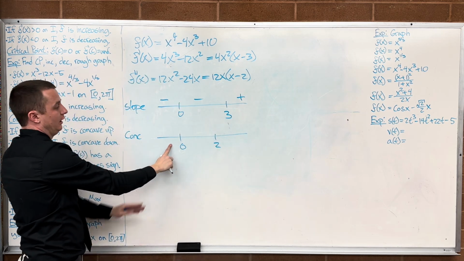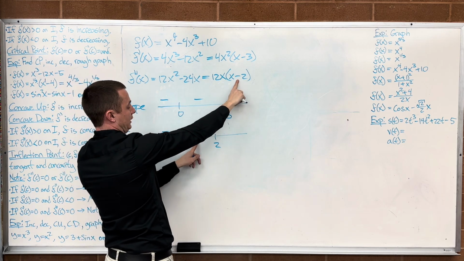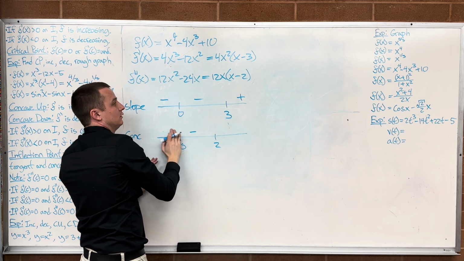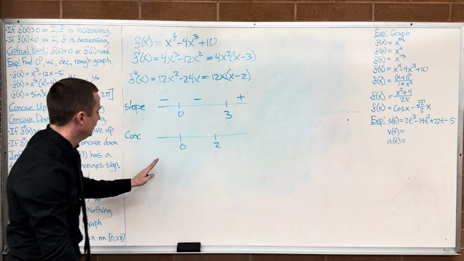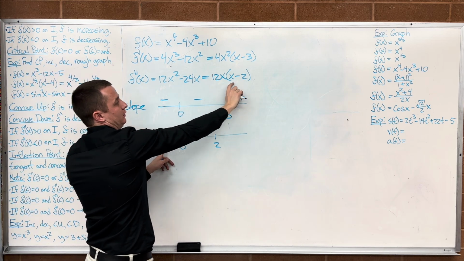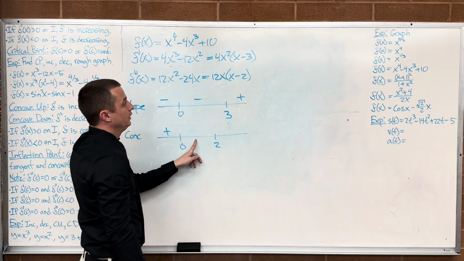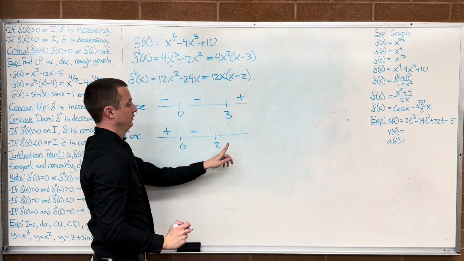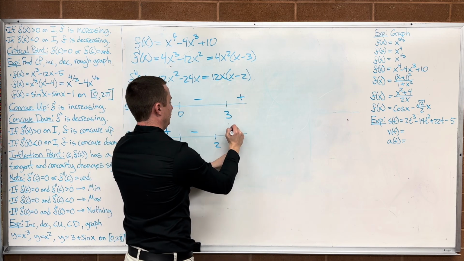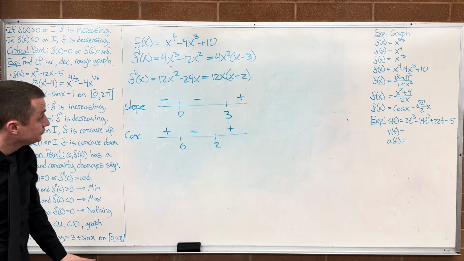For concavity, plug in something to the left of 0, like negative 1: a negative times a negative, which is positive. Plug in something like 1, negative. Then plug in something bigger than 2, and you get positive. So concave up, concave down, concave up.